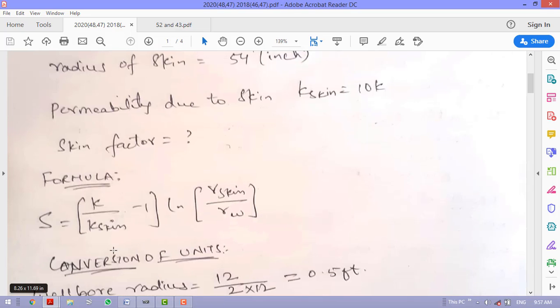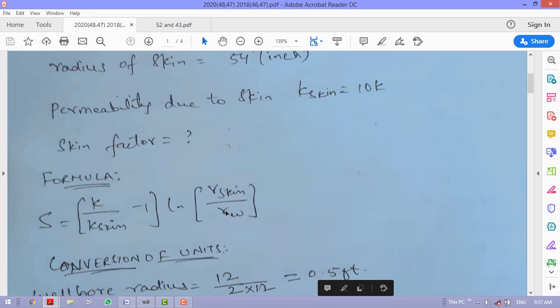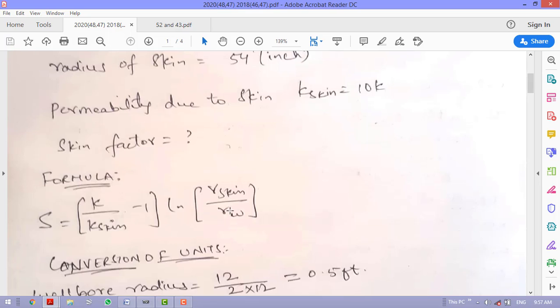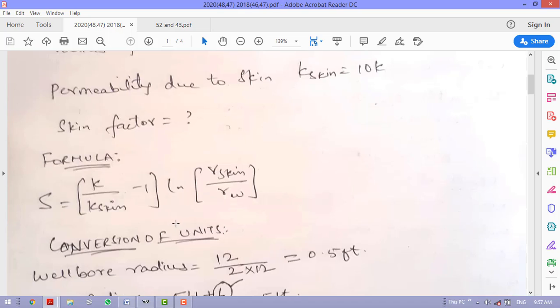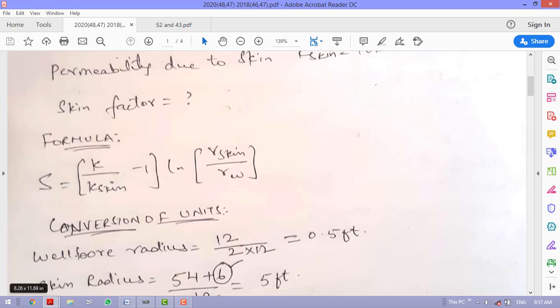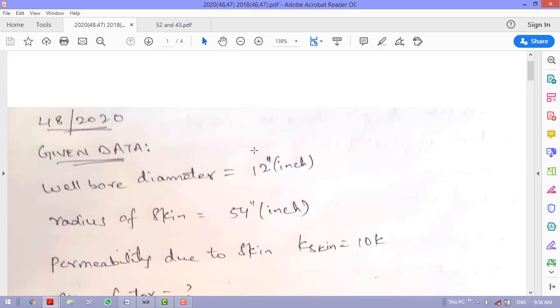I hope you remember that this formula is totally based on FPS units, foot, pounds and seconds. So here we have to convert the given data in terms of feet. First convert the data. We first have to find the wellbore radius, although in the question it has been given as the diameter of 12 inch.